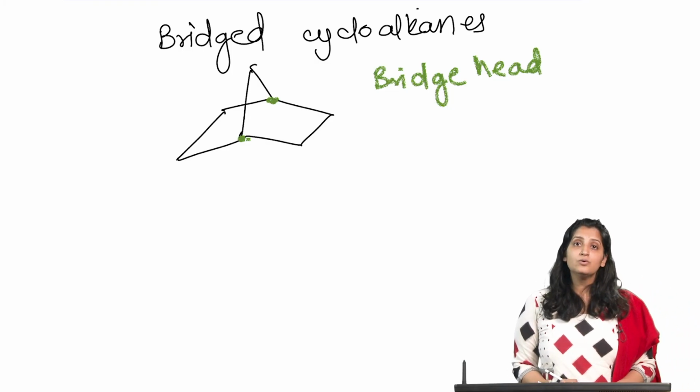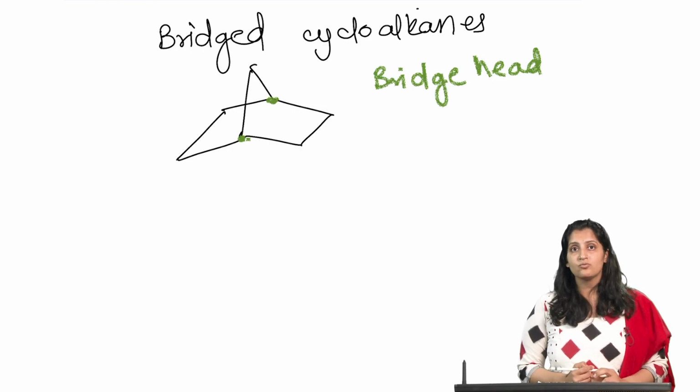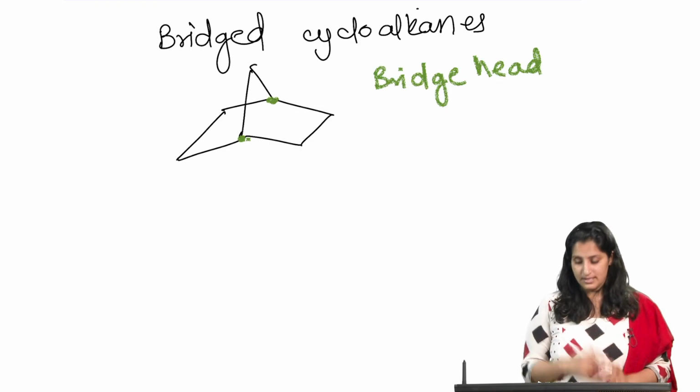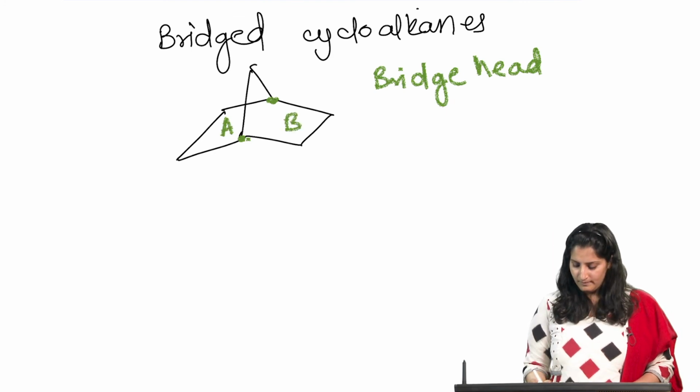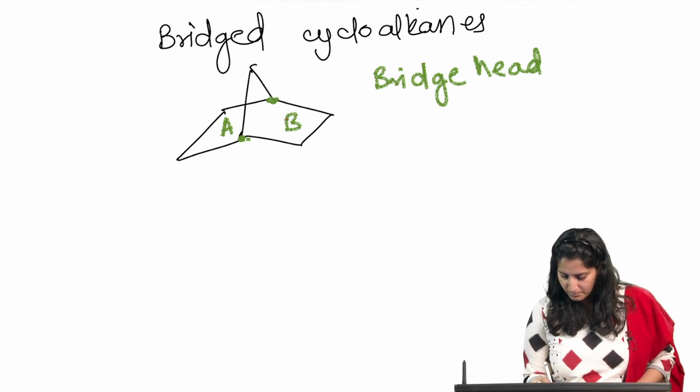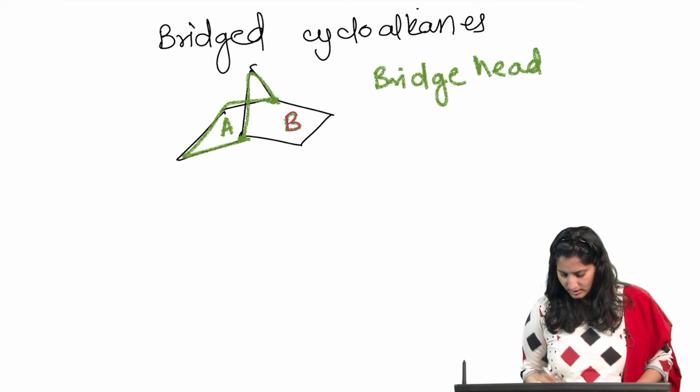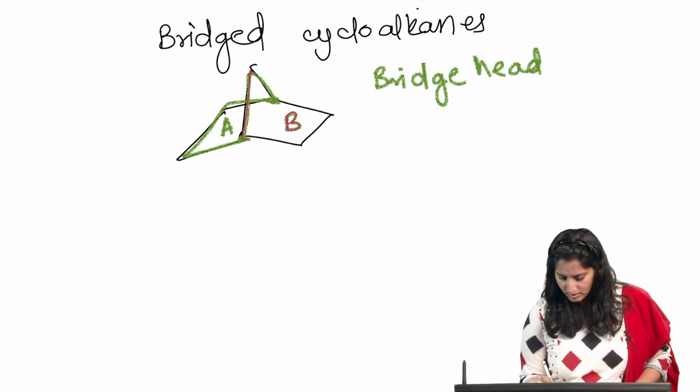Now, when we want to name bicyclo compounds, what we do is we first identify the rings. So, in this case I have two rings, A and B. Okay. I will use a different pen. So, ring A goes kind of like this and ring B goes kind of like this, right.